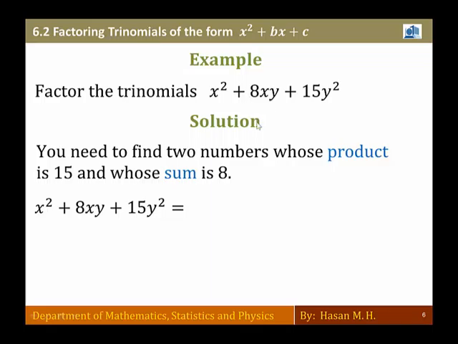The two numbers are 3y and 5y. Therefore, x squared plus 8xy plus 15y squared equals open parentheses x plus 3y close parentheses times open parentheses x plus 5y close parentheses.